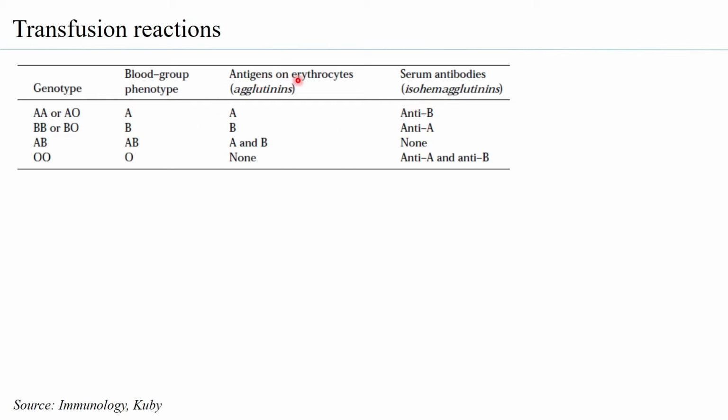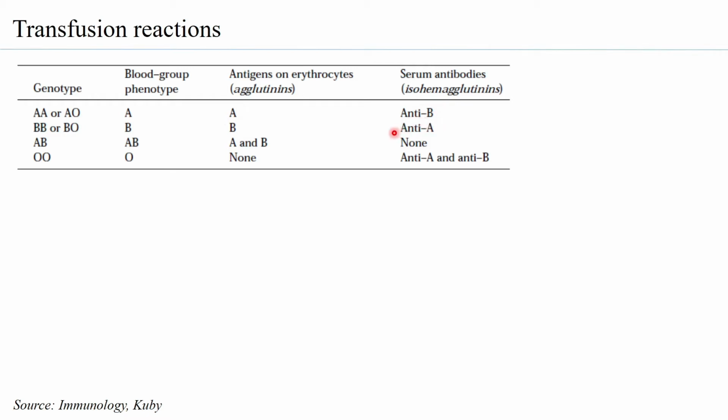I hope you're getting what I'm trying to say. A person having blood group A may already have antibodies against B. So the question that comes up is, if this person has not been transfused with blood B, then how is it that the person already has anti-B?